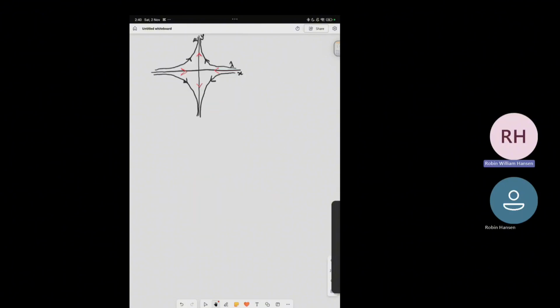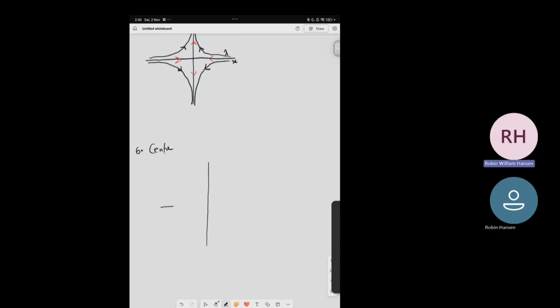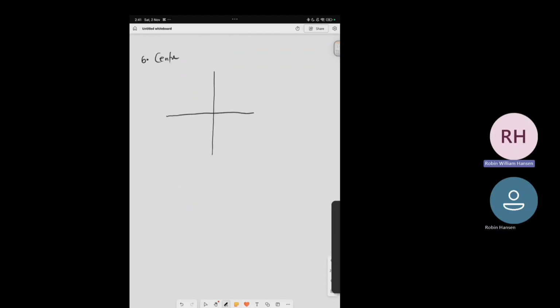Last but not least is a center. When your solution is a center, you're going to look at two diagrams. You have our x and y axis.